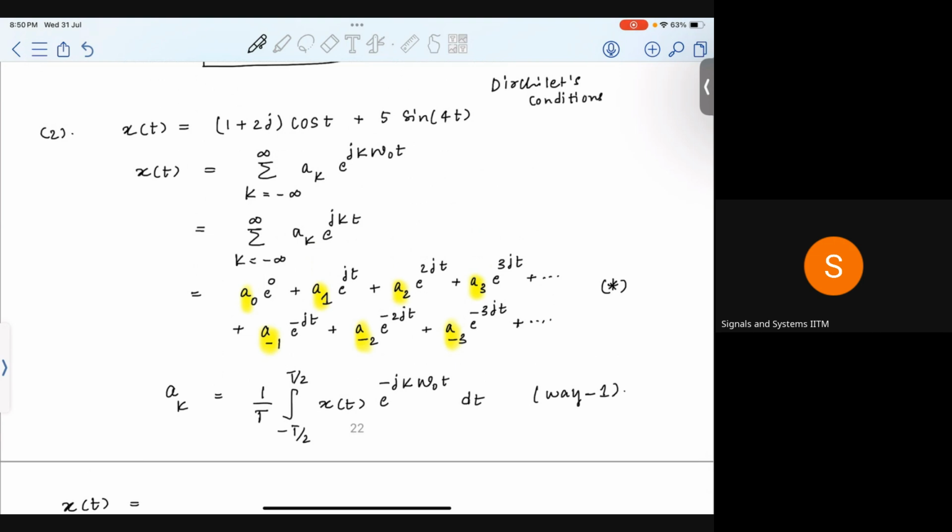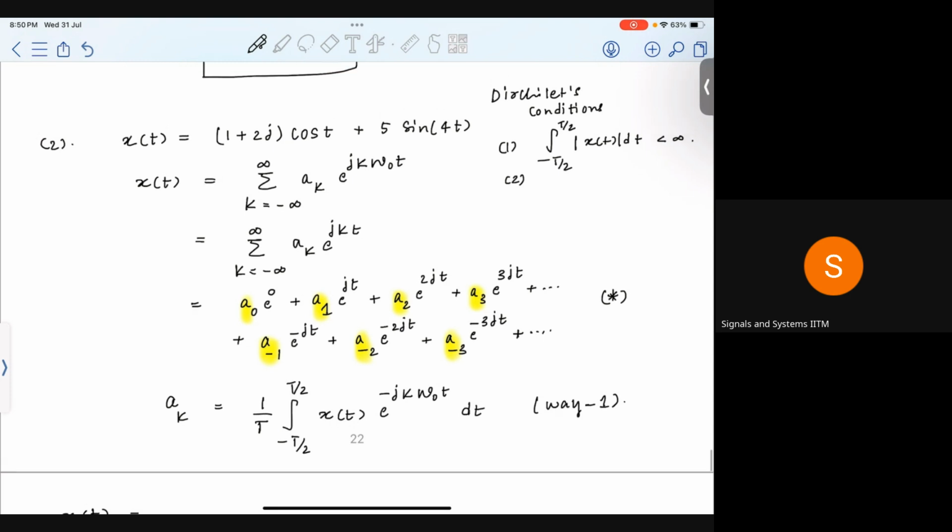You can check that the integral from minus T by 2 to T by 2 of the modulus of x of t dt is finite, and just by plotting this you can find that within a period the signal has finitely many maxima and minima.